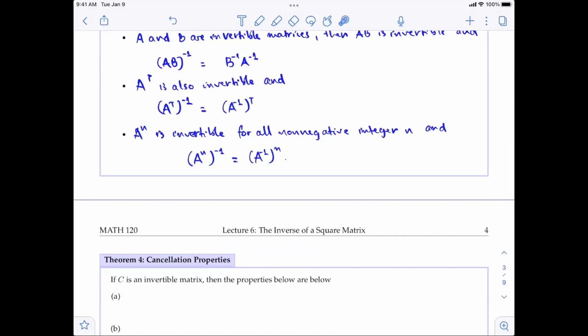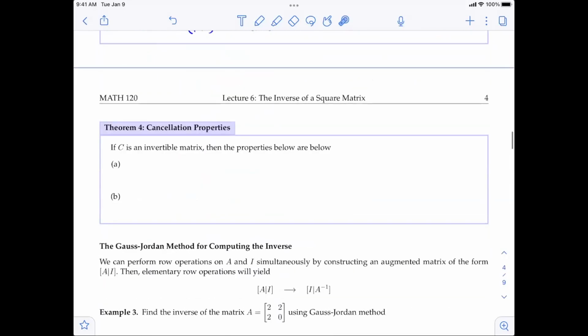The next property is quite important. It's called the cancellation properties. I say that if C is an invertible matrix, then the properties below are true. So if A times C is equal to B times C, then A is equal to B, right?